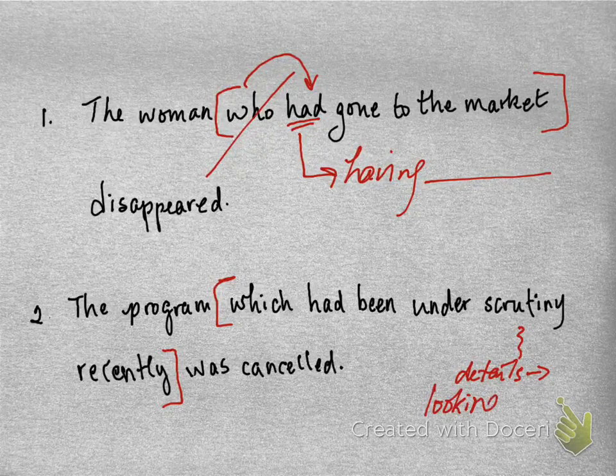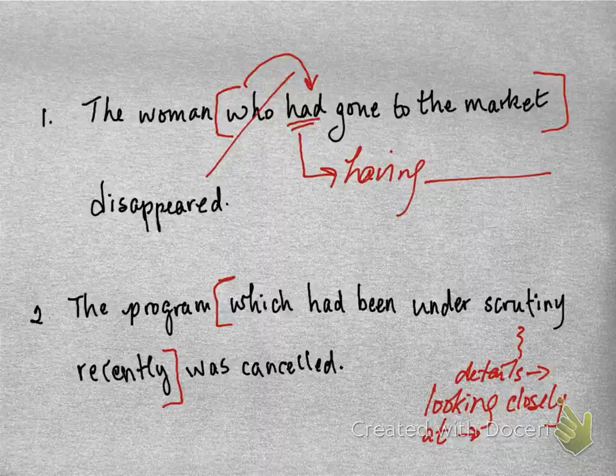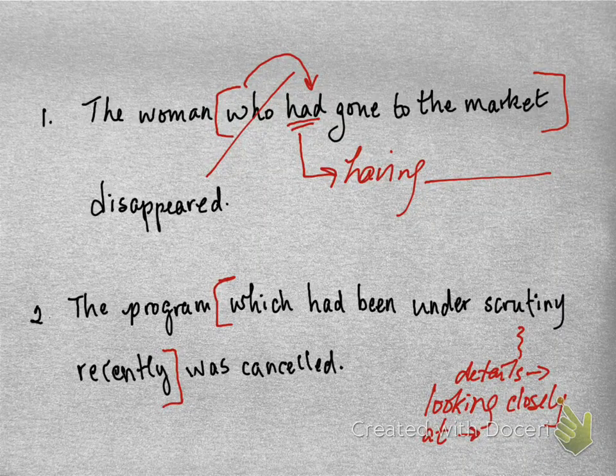When something's under scrutiny, you're looking very closely at it, and usually it's because you want to determine, in this case, whether the program is a good program or not a good program. Anyway, that's just a little vocab for you. Let's go back to the grammar.